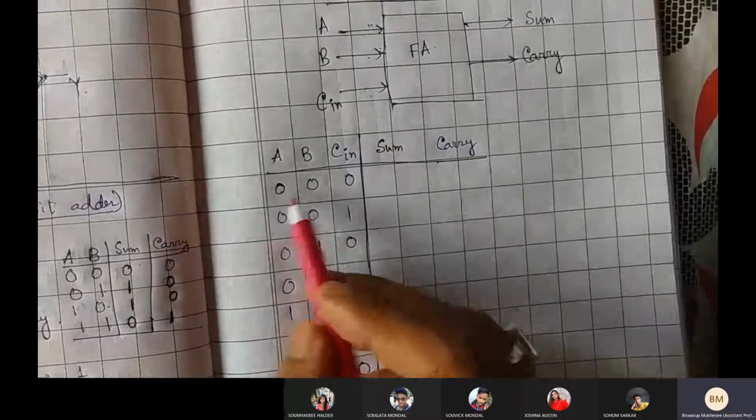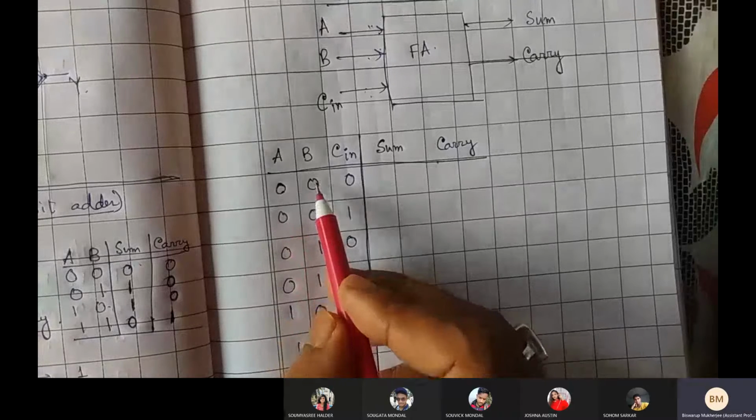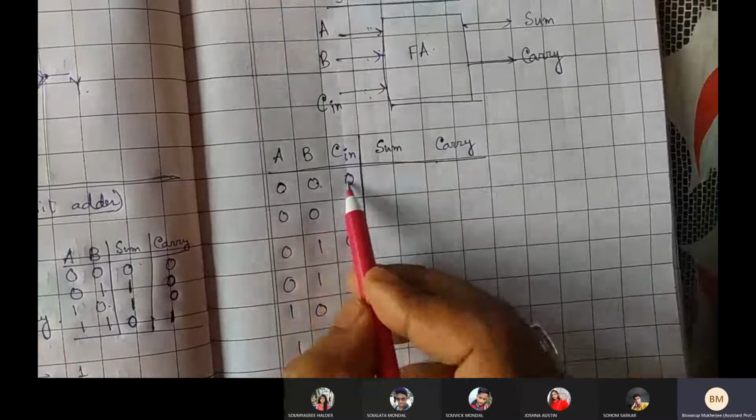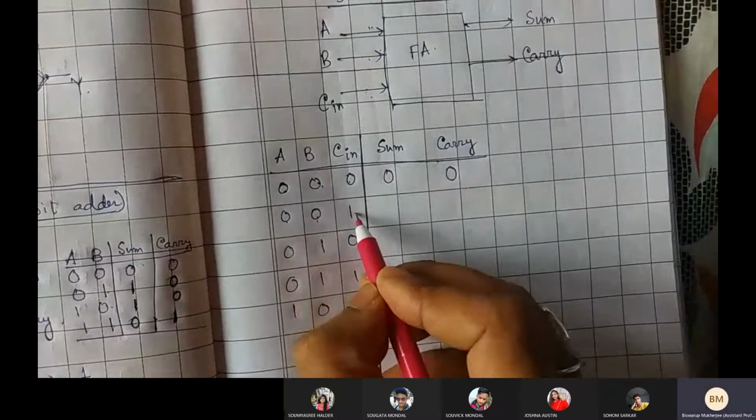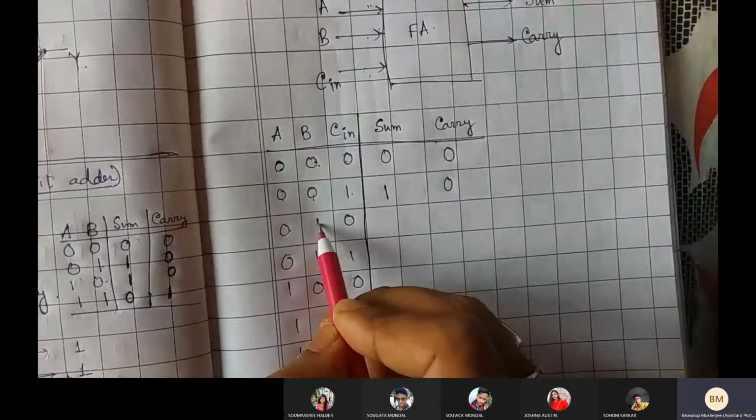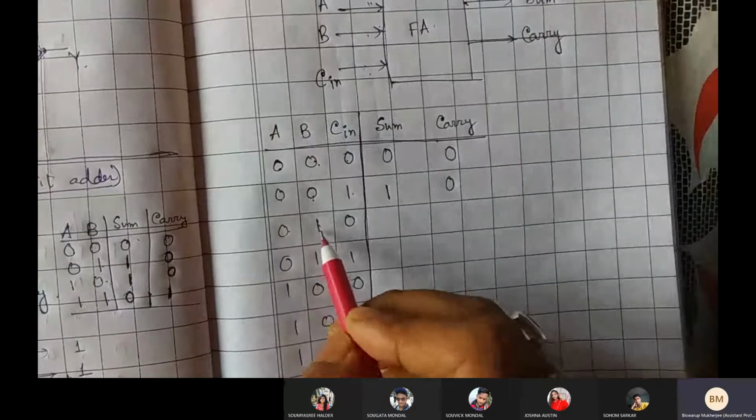8 combinations are there. Starting with sum, 0 plus 0, 0. Plus 0, 0. So sum is 0, carry is 0. Fine. 0 plus 0, 0. Plus 1, sum 1, carry 0. Right. Similarly, 0 plus 1, sum 1. Sum 1 plus 0, again still sum 1, carry 0.